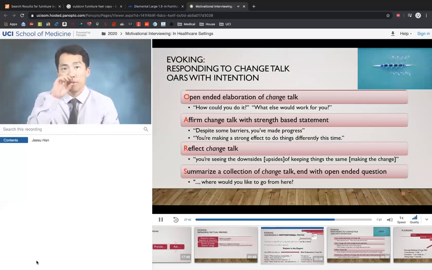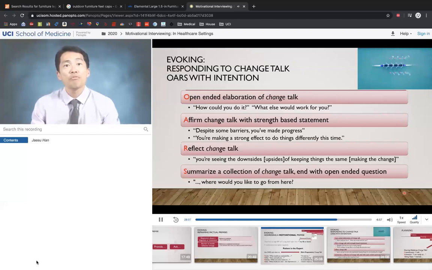So, summarized here, what I'm doing is I'm asking for open-ended elaboration about change talk. So how else could you do it? What else would work for you? I'm going to affirm any change talk with strength-based statements. So despite some barriers, you've made progress, or you're making a strong effort to do things differently this time.